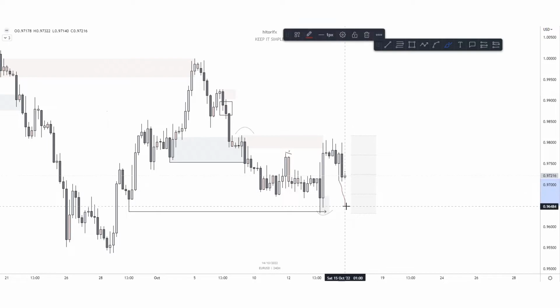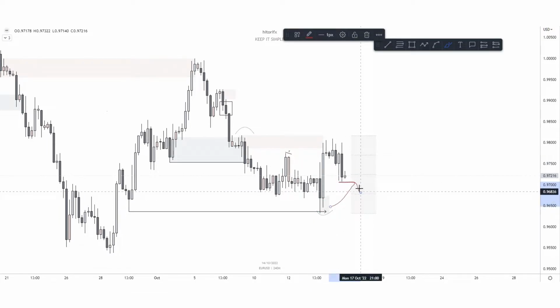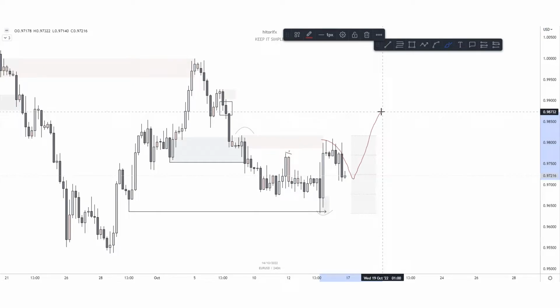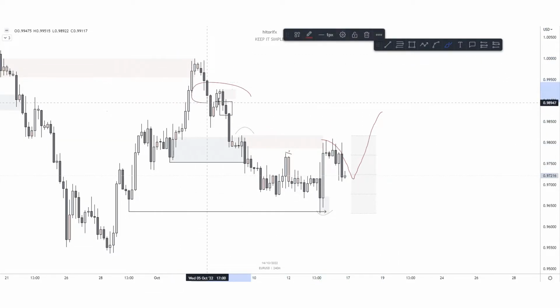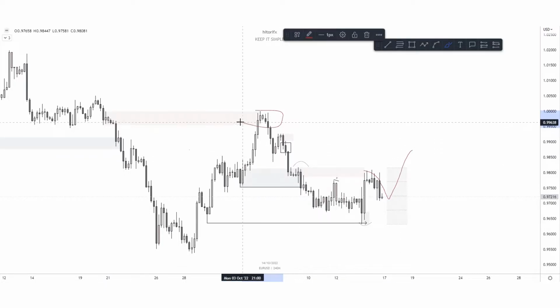It could come down into this bullish demand on the H4 for that push up, or we could just see this reaction before that push upwards, and then you could head higher into some of these zones right here, like maybe this inside bar supply, or this supply chain. I'd say if it does come out to it, it could act as a supply chain.